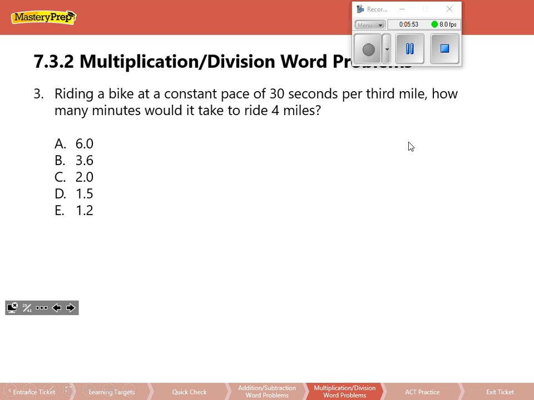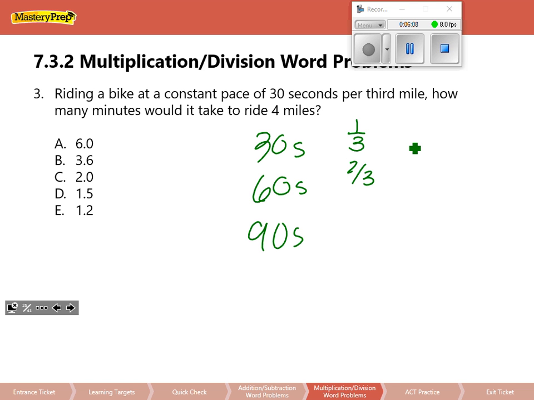Because 30 seconds, we're at a third of the mile, yes? Exactly. Because 60 seconds, we would be at 2/3, and at 90 seconds, we would be at a mile, yes?